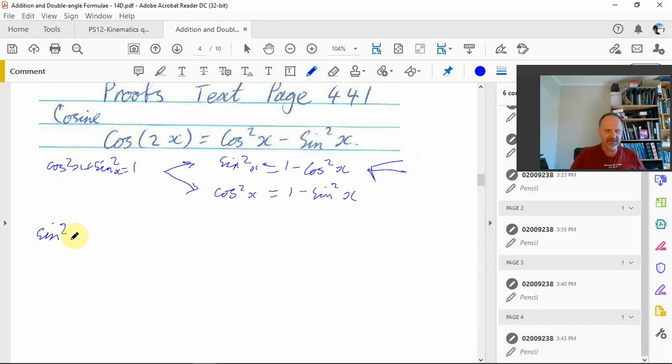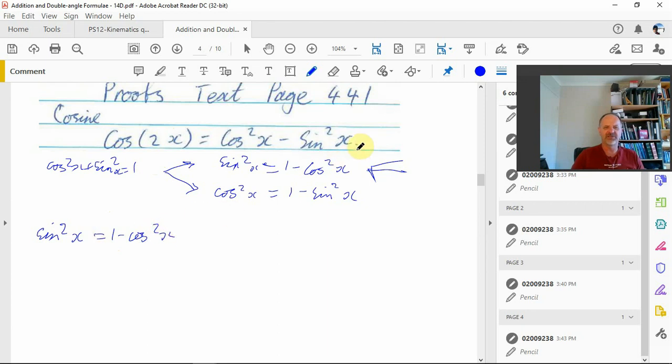I get lazy and leave those brackets out sometimes, where in this case you kind of need them to make sense, because it's the cos of 2x, not the cos of 2 times x. But anyway, that's an aside. As I said, so equals 1 minus cos squared x.